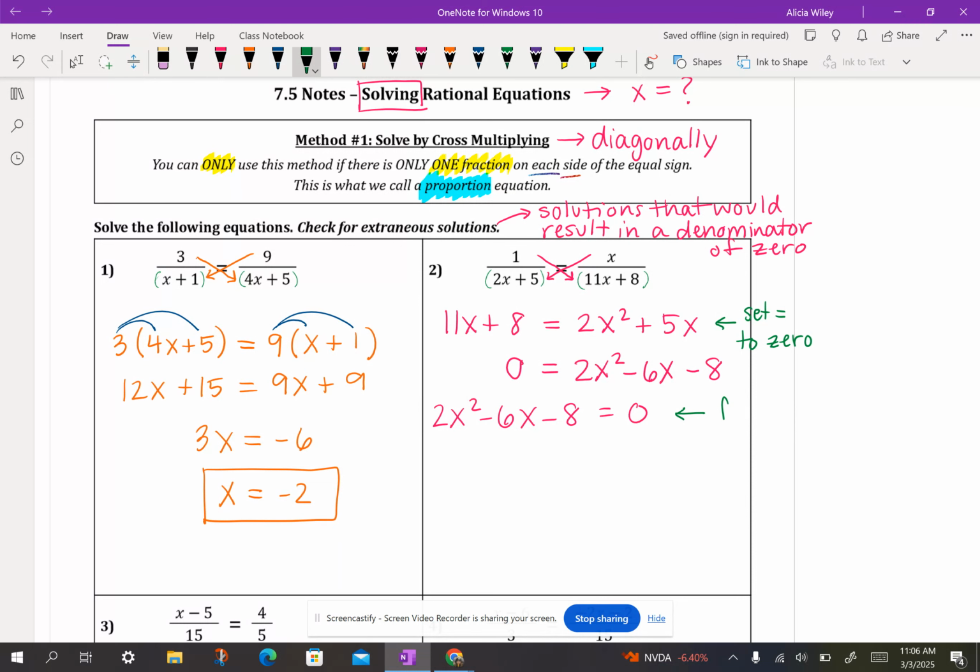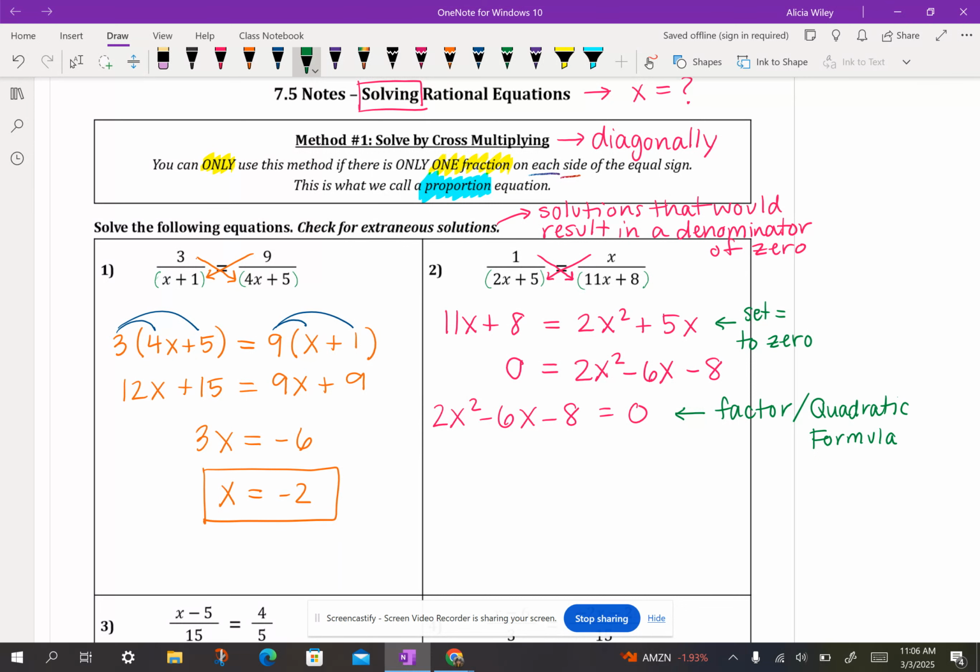You can factor. This one is factorable. Or you can use the quadratic formula. And I'm not going to do that on this problem because I'm going to definitely check to see if you can factor first.